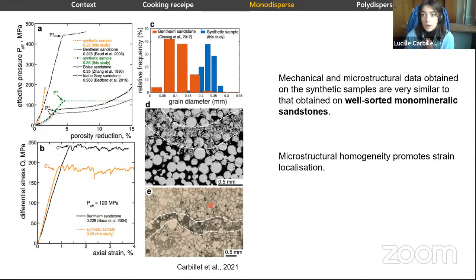So all these observations made us more confident in the suitability of these synthetic samples as analogues for natural rocks, and mostly in the similarity of our samples with well-sorted monomineralic sandstones, such as Bentheim or maybe Fontainebleau sandstone.